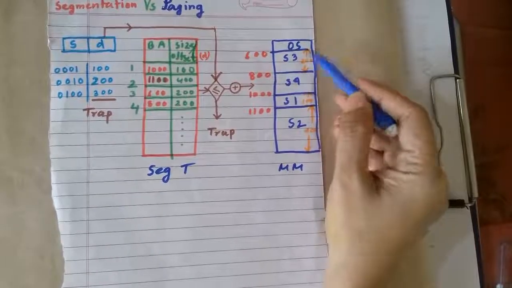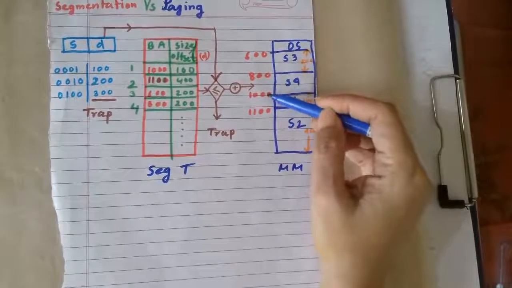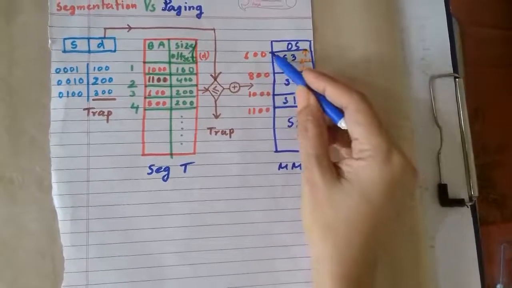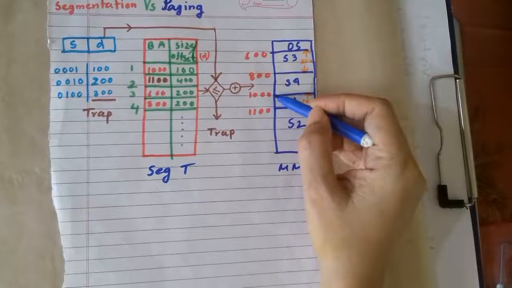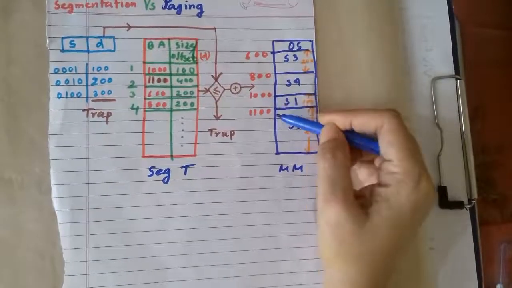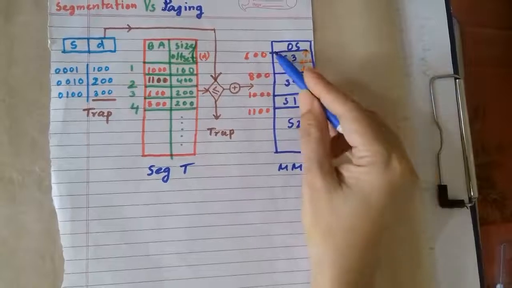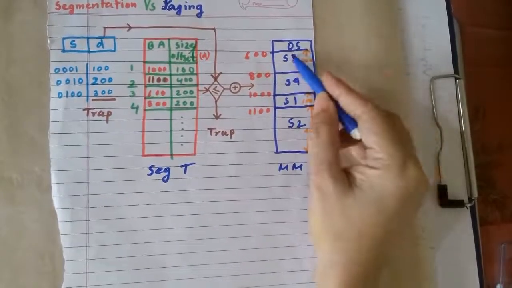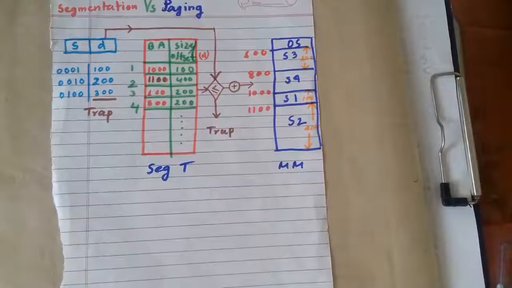Then when it terminates, we got some free space before 1000, because a question may come: S1 is here, why could we not have kept S1 there? At the moment we loaded S1 here, this portion was occupied, and after we loaded S2, maybe this portion was freed by some process. So S3 we have loaded, then S4 we have loaded.